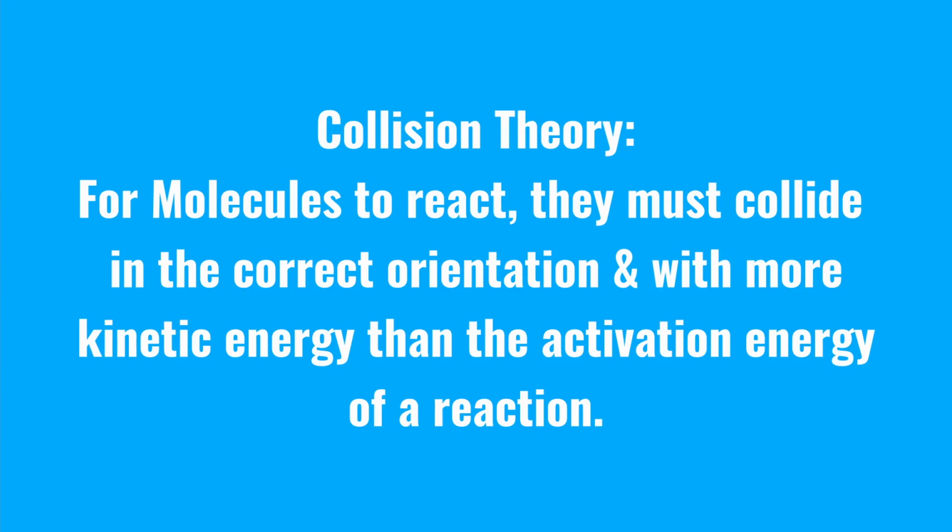Now we've learned a lot about reactions, but what is required for a reaction to occur on the molecular level? Collision theory says for molecules to react, they must collide in the correct orientation and with more kinetic energy than the activation energy.